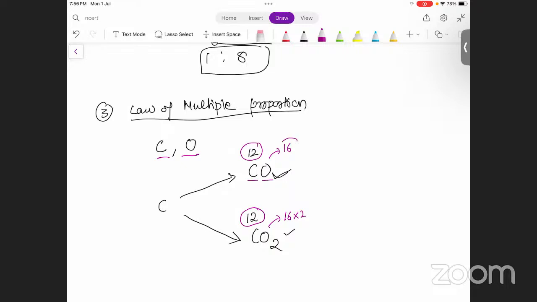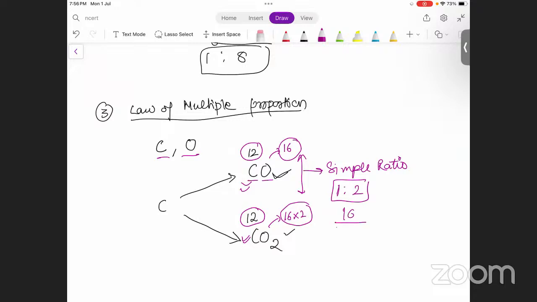Then it says that the mass of this element, which is combining with the element whose mass we have fixed, will be in simple ratio. Now what's the ratio? It will be 1:2, right? 16 divided by 16 into 2. So 16 cancels by 16. So we have 1:2.